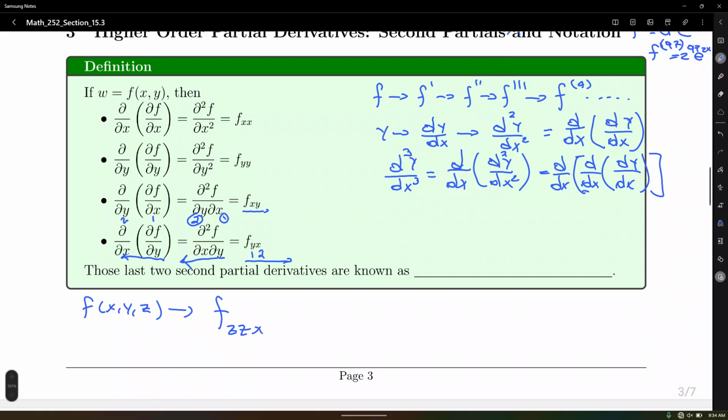Maybe I want to differentiate 3 times with respect to y. Maybe I want to differentiate again 2 times with respect to x. Maybe I want to differentiate this function again, but this time 3 times with respect to z. So that would be the order we would follow to go from left to right. First, twice with respect to z, once with respect to x, 3 times with respect to y, etc.